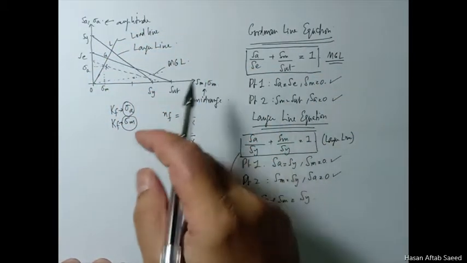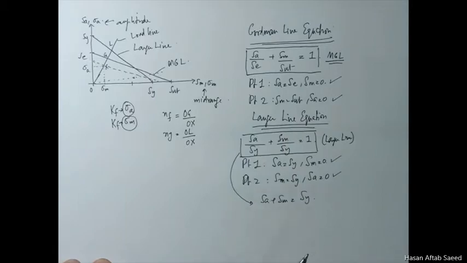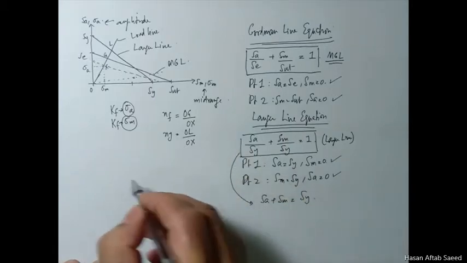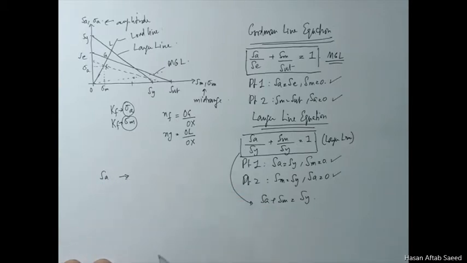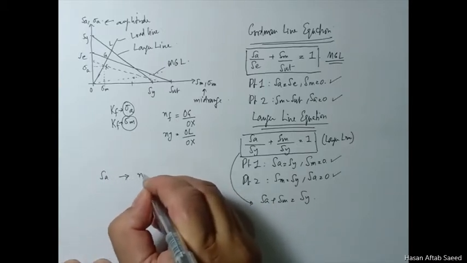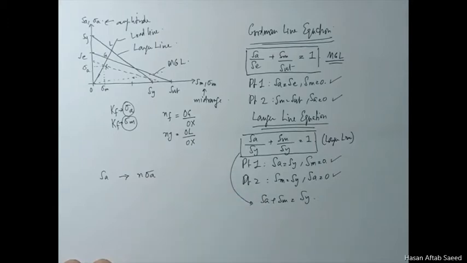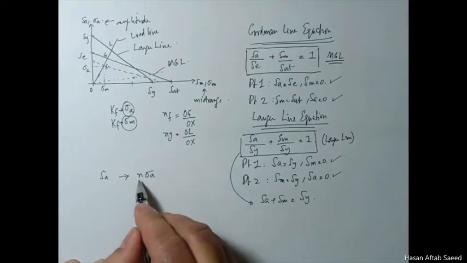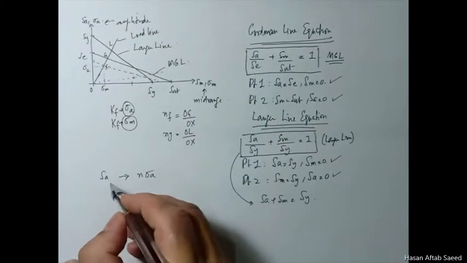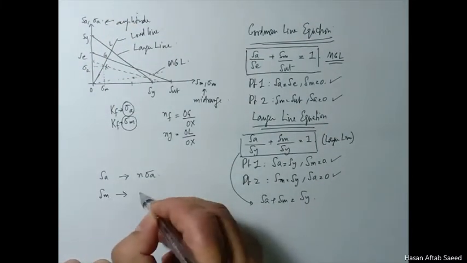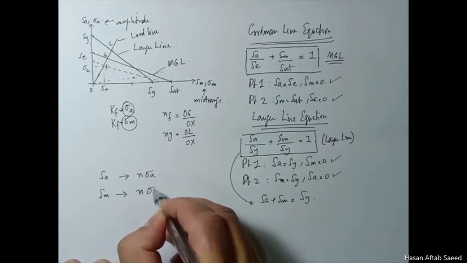We want the factor of safety to be more than 1, so instead of SA, we will use n sigma A. Whatever our stress is, we multiply it with n, and then it comes to this point. Similarly, we multiply SM with n.